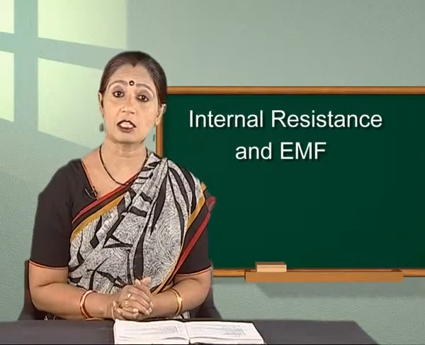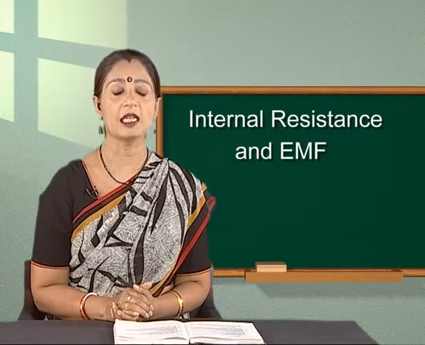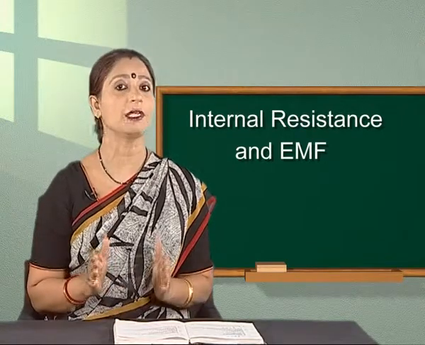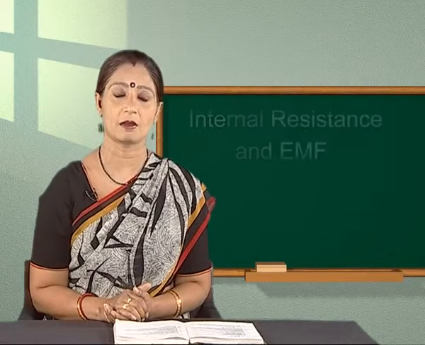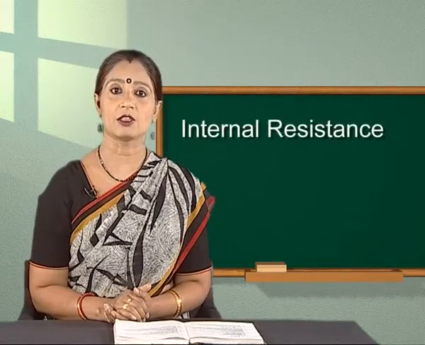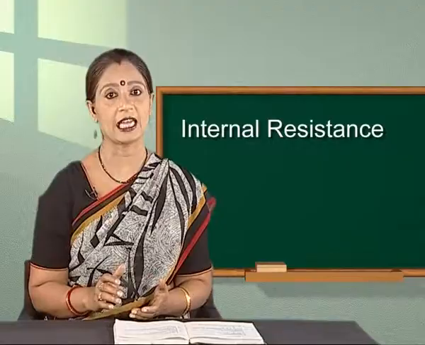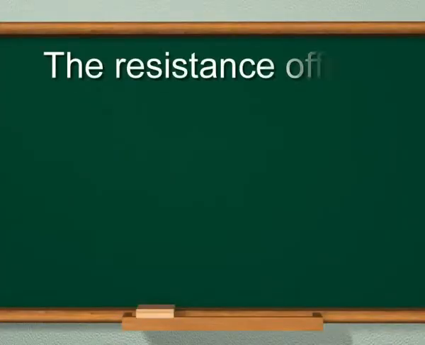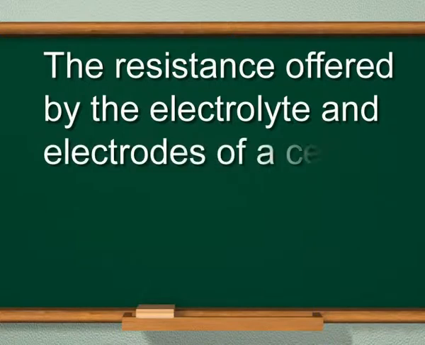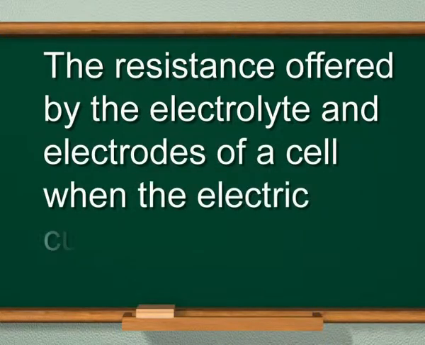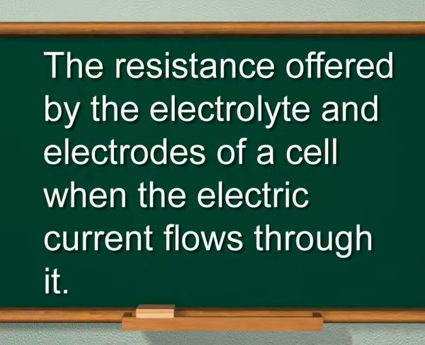To have a systematic beginning of the topic, let us start with a proper definition of the internal resistance of a cell. Internal resistance of a cell is defined as the resistance offered by the electrolyte and electrodes of a cell when the electric current flows through it.